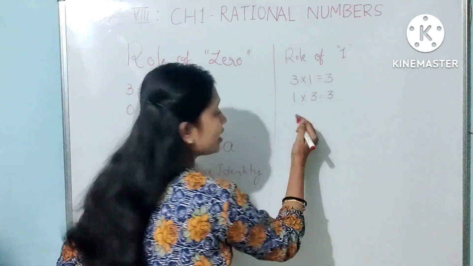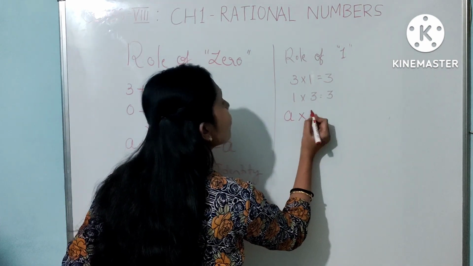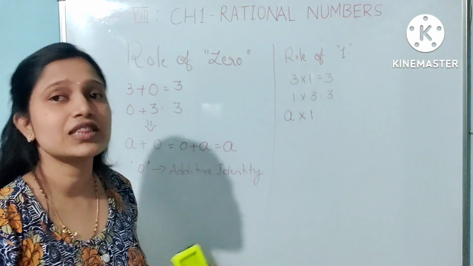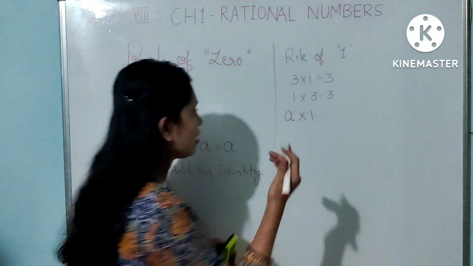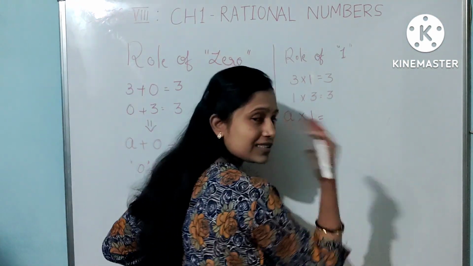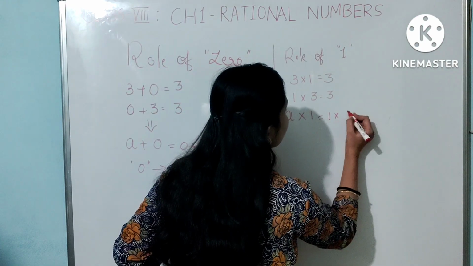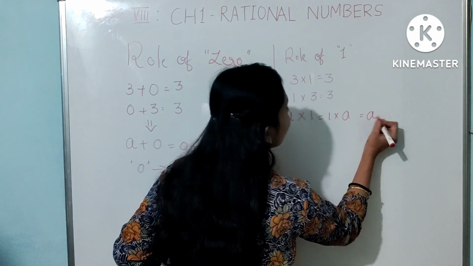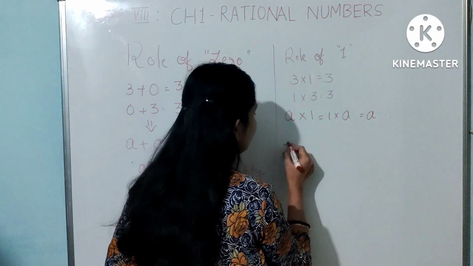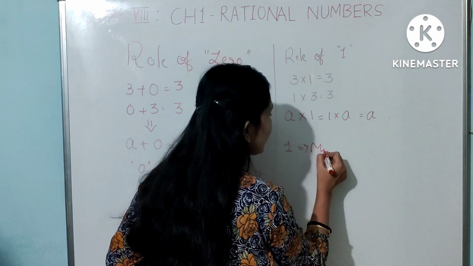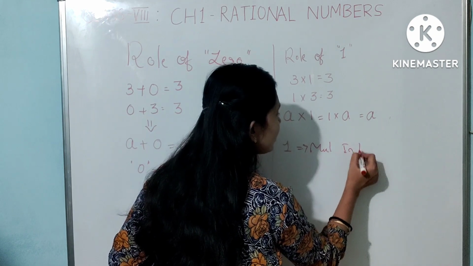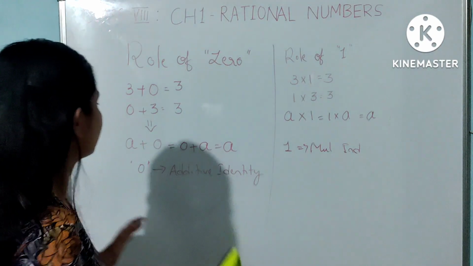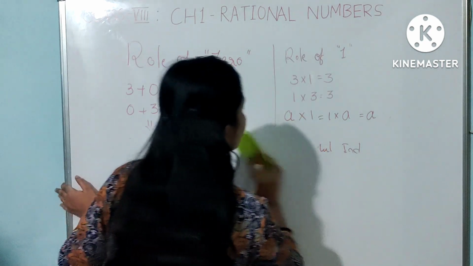So what we concluded here: if we multiply any number with 1, or 1 with any number, we are going to get the same number. So what we can say here: 1 is the multiplicative identity.